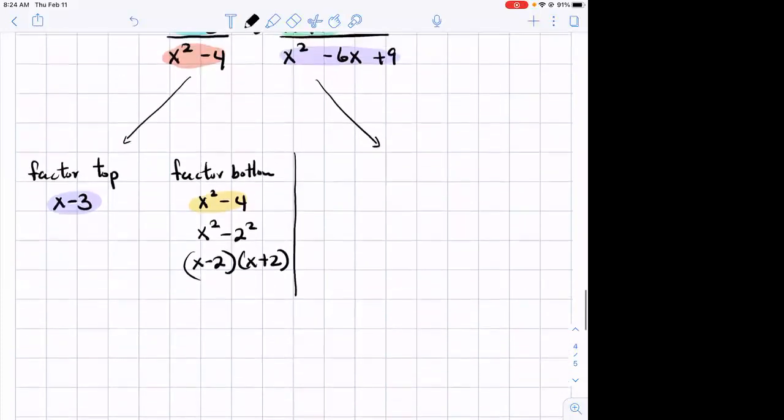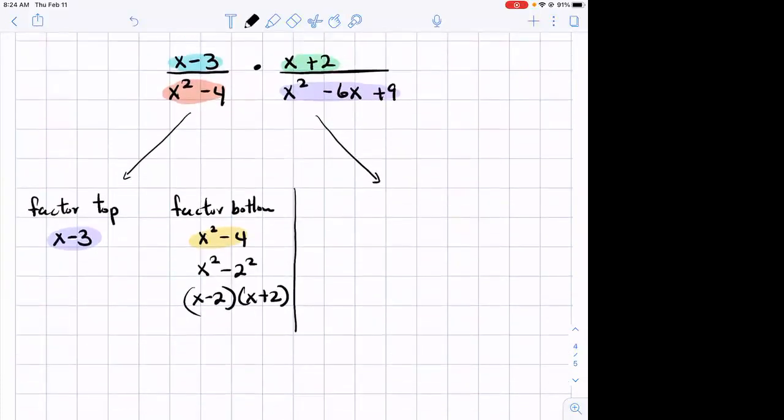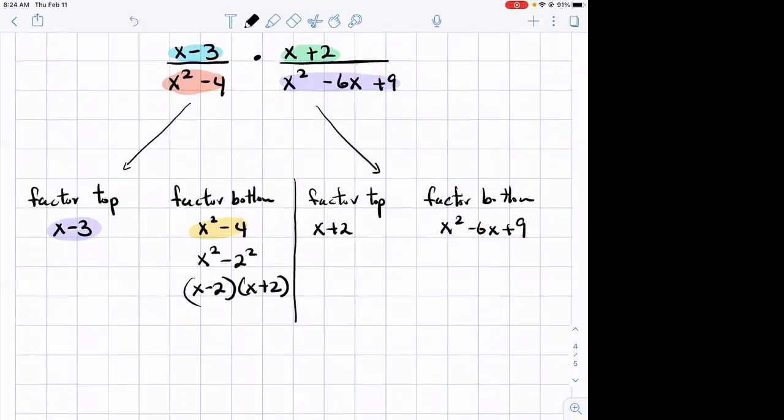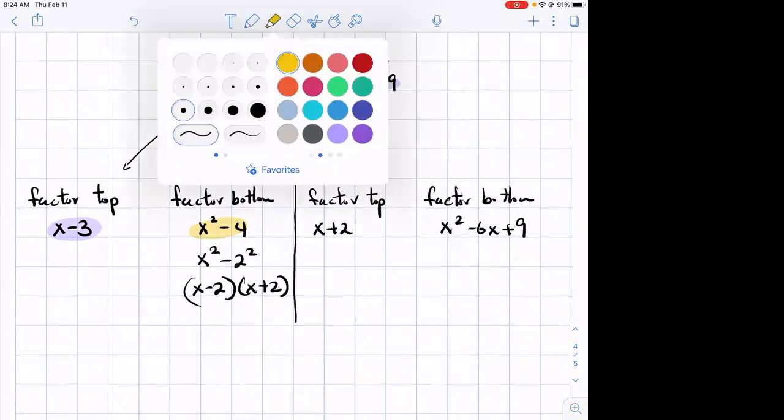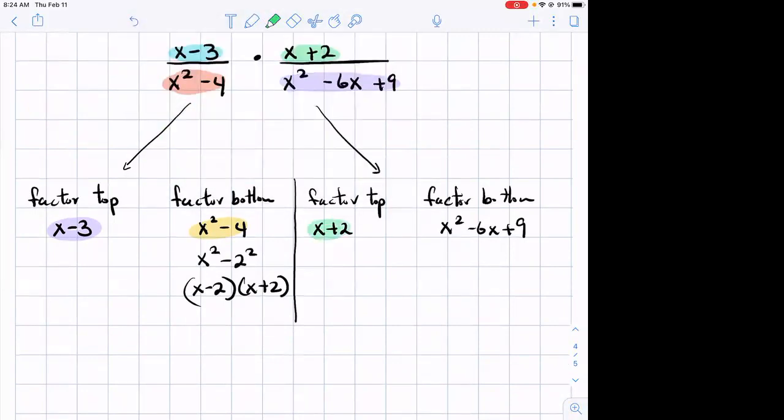So we do the same thing for the right side. Can we factor the top? Can we factor the bottom, which is x squared minus 6x plus 9? Once again, for this example, the top cannot be factored, but the bottom can be factored.